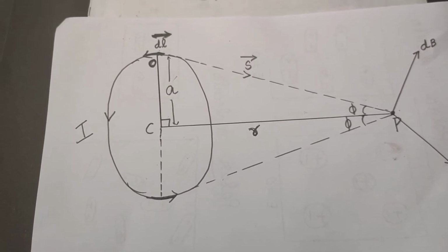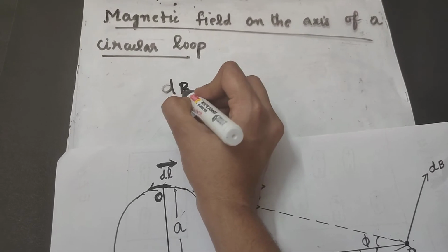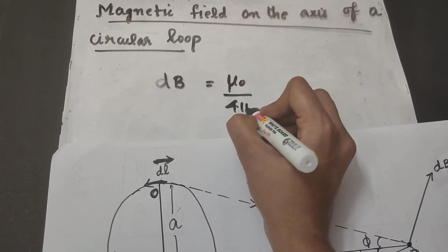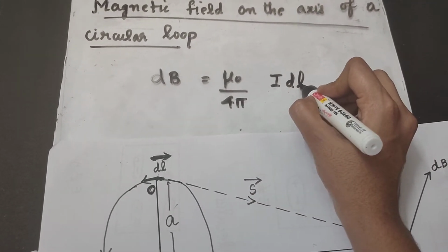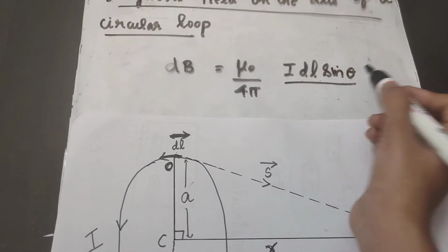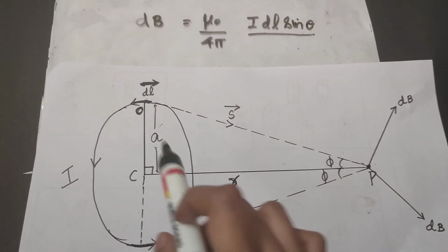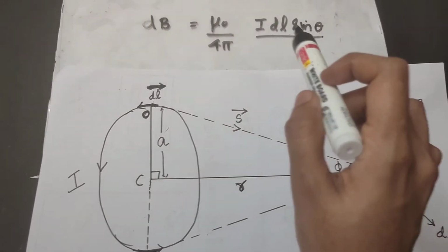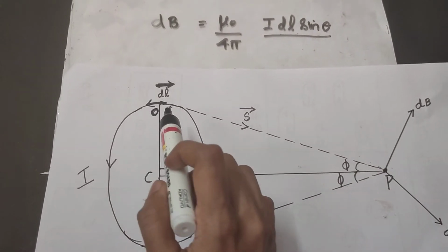I will write the equation. dB is equal to mu 0 by 4 pi I dl sin theta by distance square. Here you can see three distances. Which distance we take? Here distance means it is the distance between the point P and the current element.